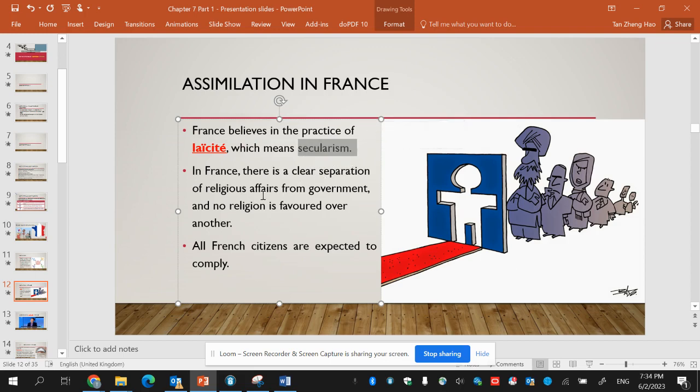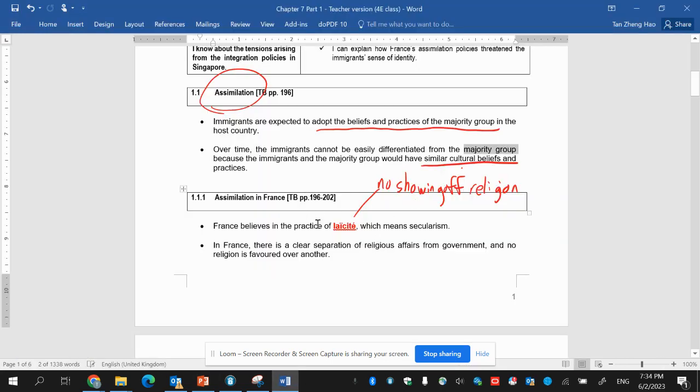In France, if you are a very religious person, you are expected to not talk about religion openly. Laïcité, or secularism, basically means you should not be showing off your religion very much in public. You can have a religion, but you shouldn't be very public about it.